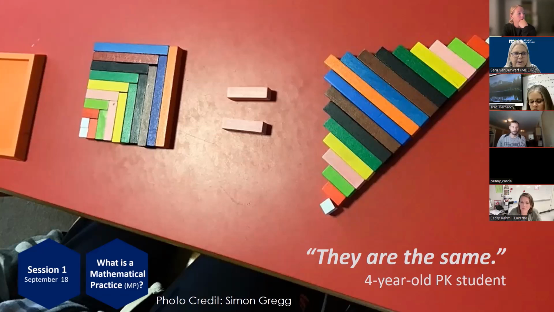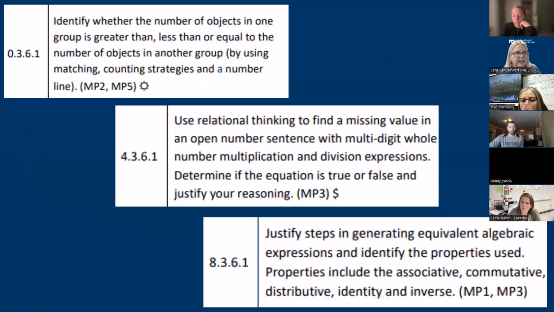This child and parent actually put an equal sign in there. This is a 4-year-old. They've never necessarily been introduced to the equal sign, but the parent was working on this idea using the student's natural way of looking at things to start to build this idea of things that hold the same value, and describing what that looks like.